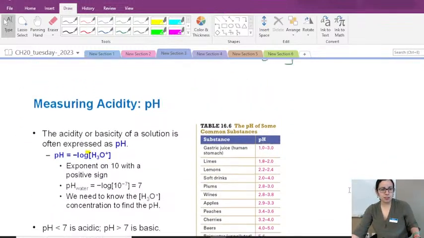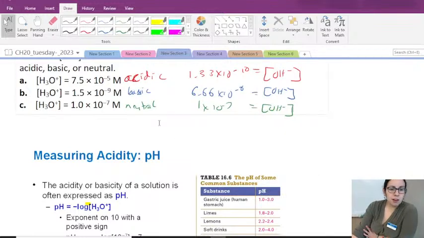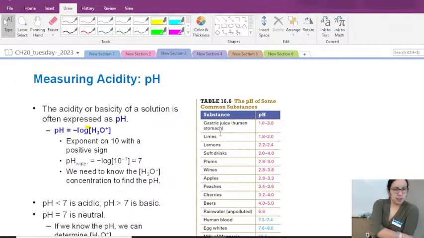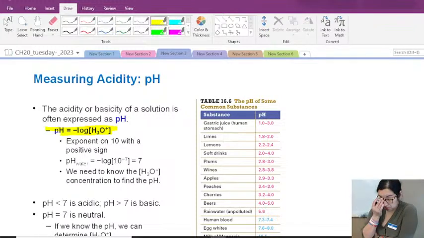All right. This is the harder way to do it. The easier way is to plug it into this expression. It should look pretty similar to the pKa one, except now pH is the negative log of our hydronium concentration.